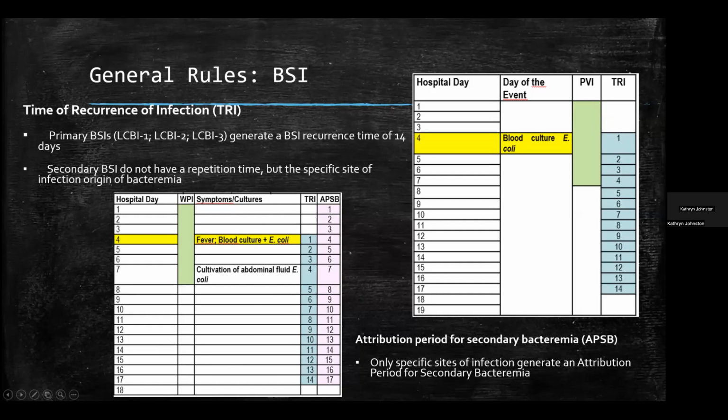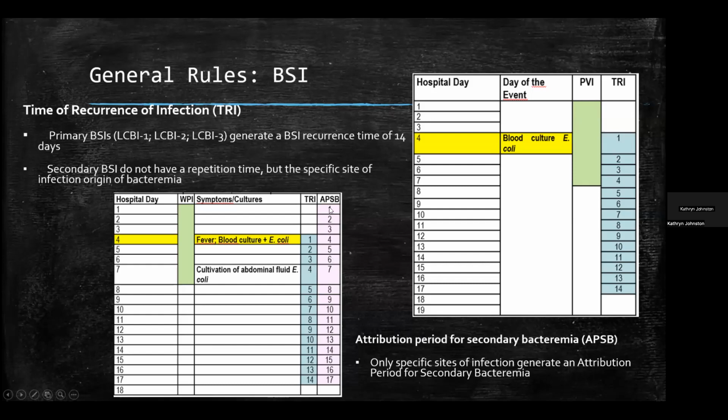And then for secondary bacteremias, for secondary bloodstream infections, the attribution period is when you have to have that specimen that indicates that there is another site. And so that occurs, sorry, I'm on the wrong slide, that occurs here.